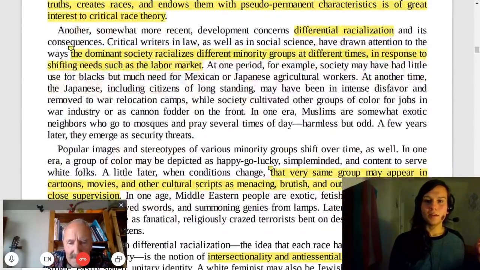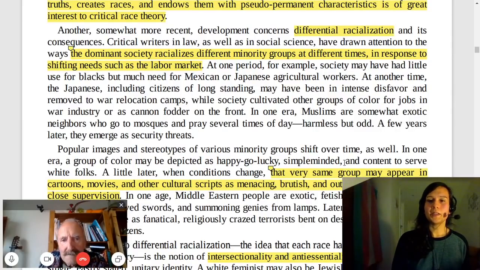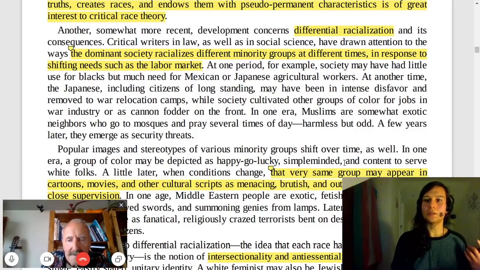So, differential racialization. I think this is one of the terms, just a buzzword, but it seems reasonable enough. It's just that culture creates different ethnic groups at different times for different reasons. Muslims are a good one, like treating Muslims as an ethnicity rather than a religion.